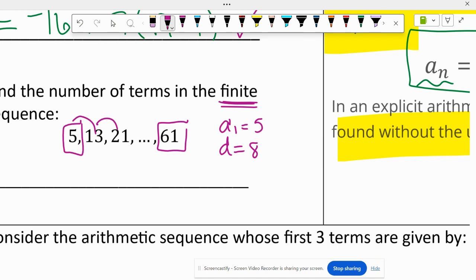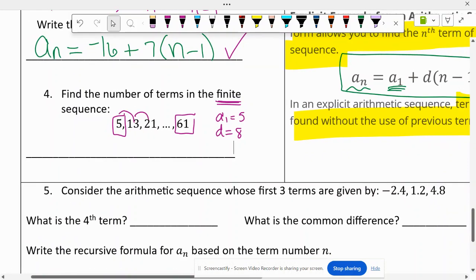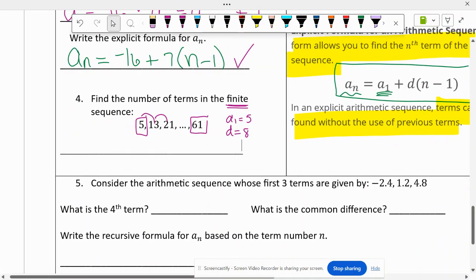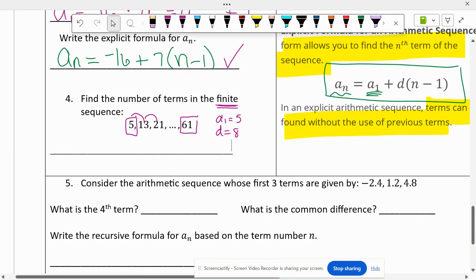So I can actually use this explicit formula to figure out how many numbers are in this sequence. So we have everything we need. This A of n is my output, the last number in my sequence.